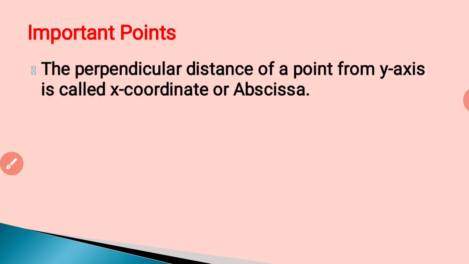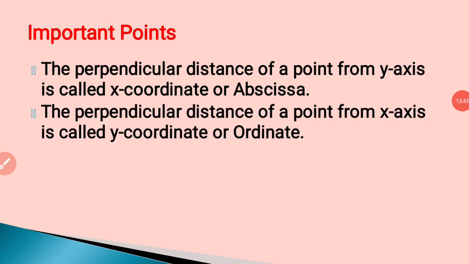Let's read about certain important points. The perpendicular distance of the point from the y-axis is called x-coordinate or abscissa. X-coordinate is also known as abscissa. The perpendicular distance of a point from the x-axis is called y-coordinate or ordinate.